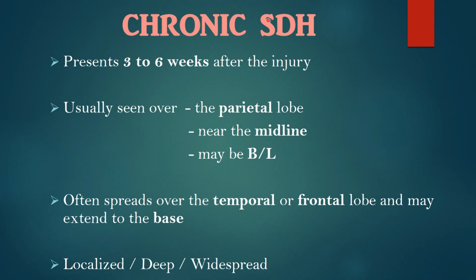Chronic subdural hematoma presents 3 to 6 weeks after the injury. It is seen usually over the parietal lobe, can be bilateral, or over the temporal or frontal lobe also. It can be localized or widespread. It can be mistaken for senile dementia, and it is the cause of punch drunk syndrome.